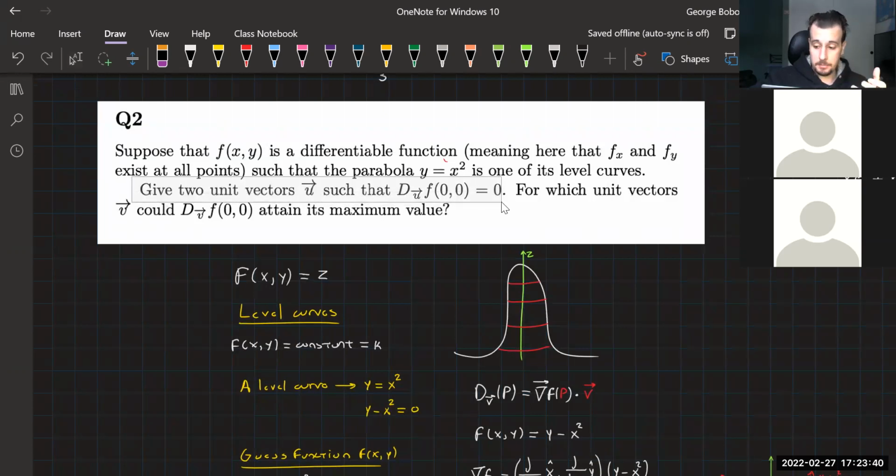Now, at the same time, Kelly, they ask for which unit vectors would this attain the maximum value? This directional derivative would be maximum. Well, we know something about gradients. They point in the direction of maximum change. So if we want a vector that maximizes this, it needs to be a scalar multiple of the gradient.